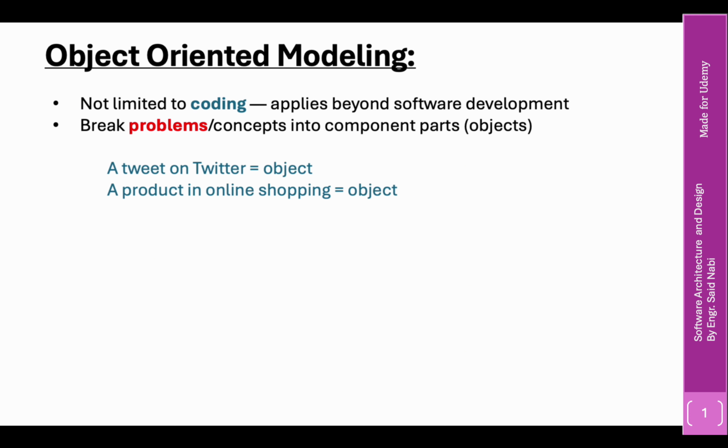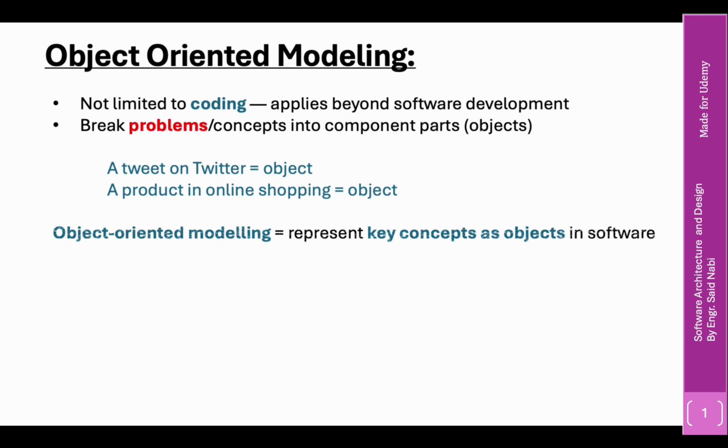So that's how you can break down the whole requirements into multiple objects, and then you can give a role to each object, like what an object can do and what should be the attributes of each object. And definitely you can then represent each object in a computer world, and you can design the whole system and you can develop it. So object-oriented modeling basically represents key concepts as objects in software.